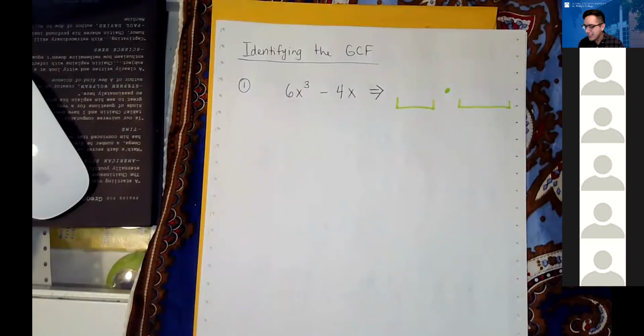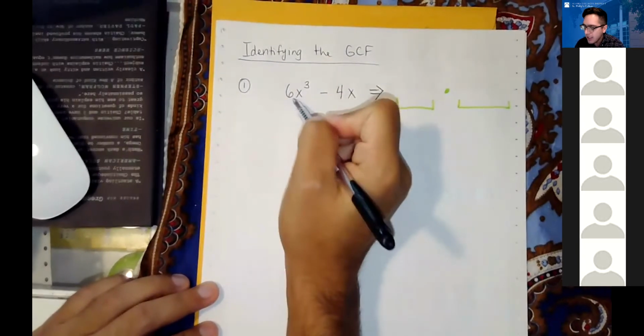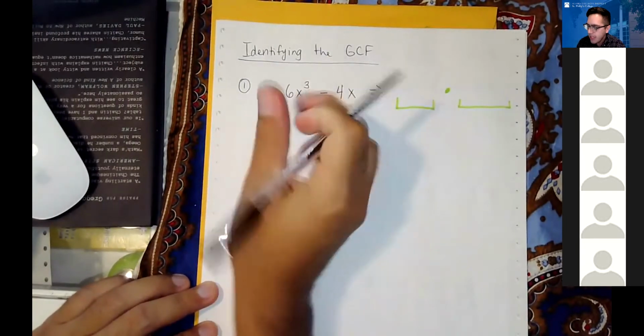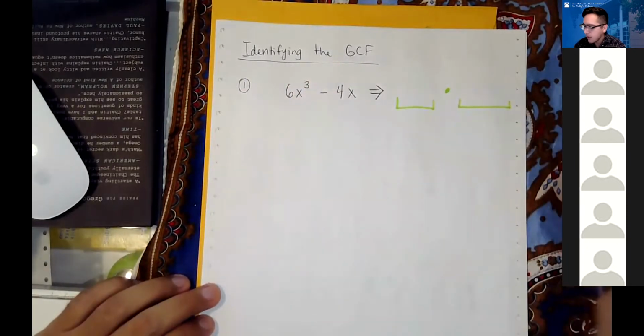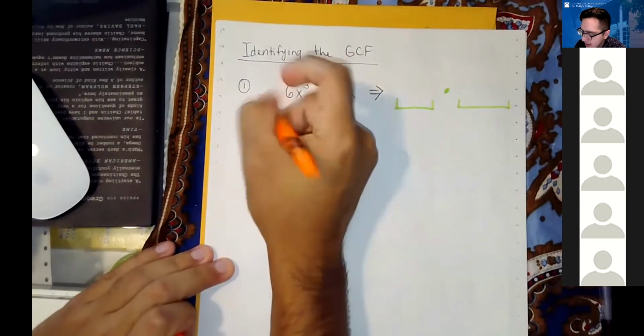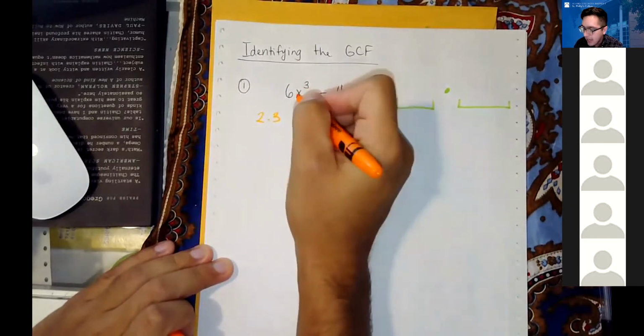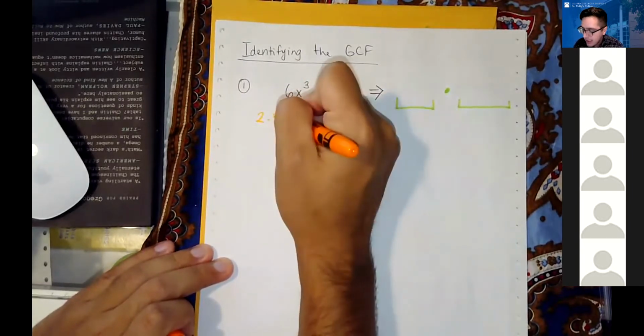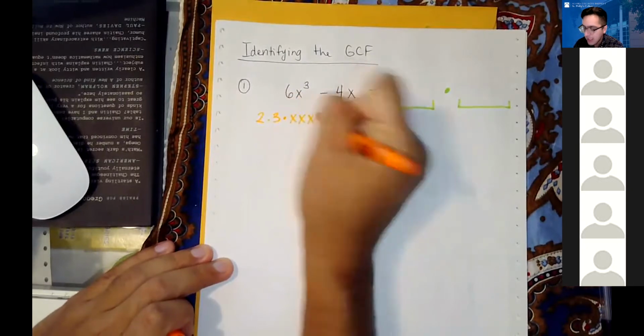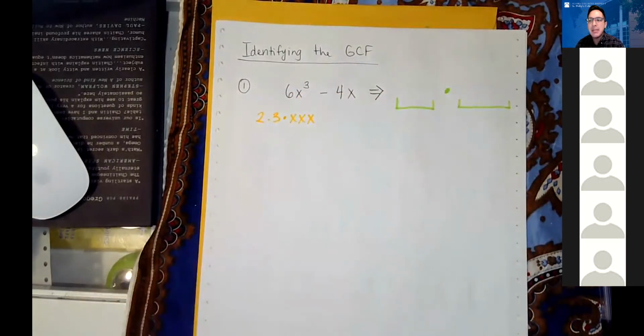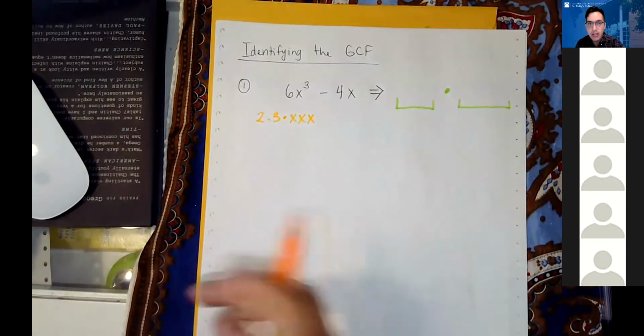Okay. Well, the reason is because we can look at this first term, and if we wanted to do some little scratch work, we could say that 6 is 2 times 3, and x to the third power is x times x times x. So we examine the factors, break up that term, and look at what is going on there.